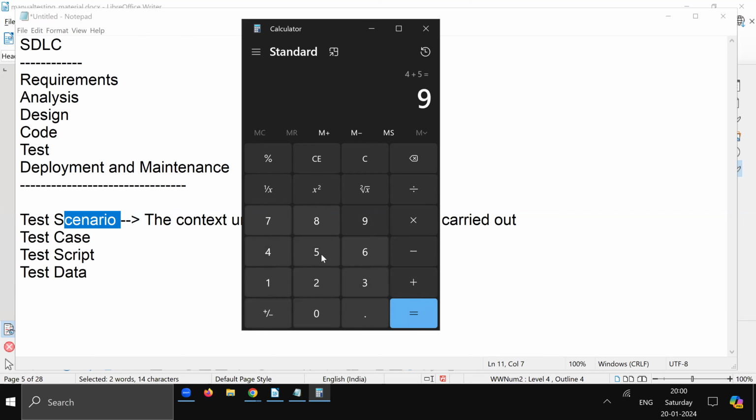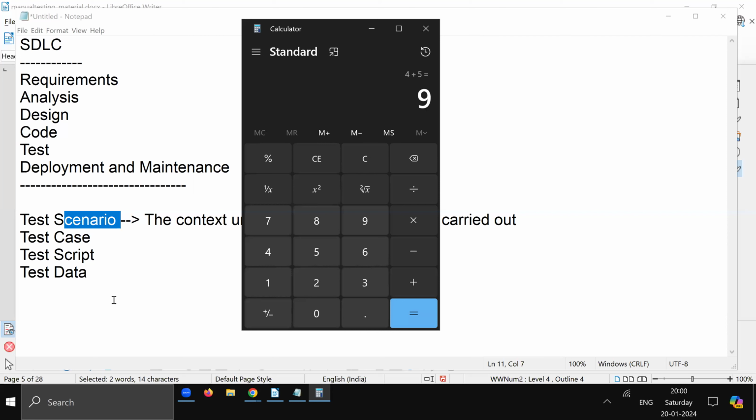In that process, have we not entered 4 and 5? Right, Amma? That 4 and that 5 is test data. It could be any other two numbers. May not only be 4 and 5.